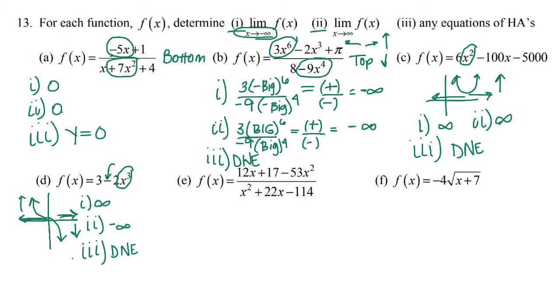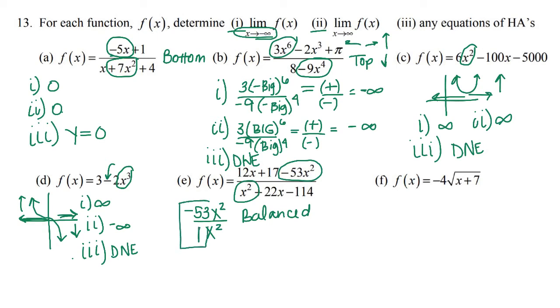Okay, looking at this next one, f of x here. So as x approaches negative infinity, here's our highest dominating power in the numerator and denominator. So if we look at negative 53x squared over x squared, this is balanced. That's good news, because if it's balanced, then we know the answer. If that's 1 there, we can think of that as 1x squared.